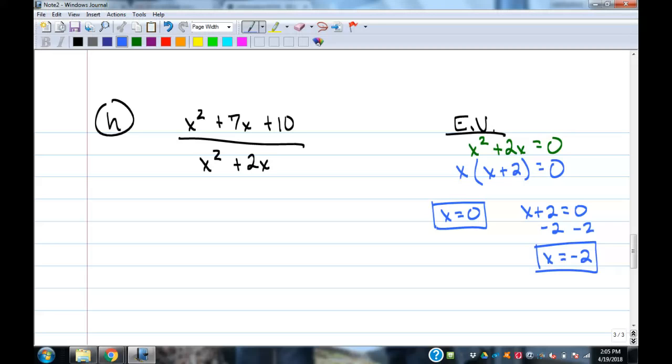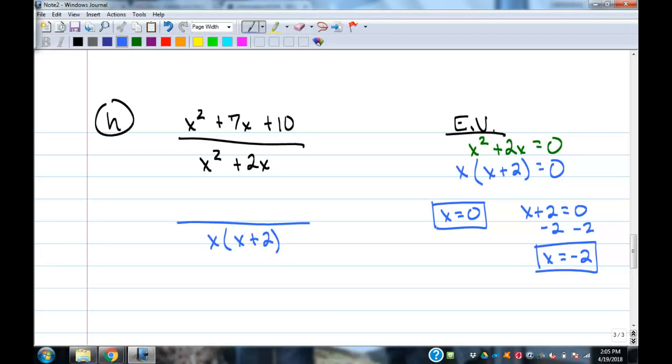Now, the next thing to do is go to your fraction. And the wonderful thing is, we've already factored the denominator. I don't have to do it again. I already know that it factors to be x times x plus 2. Because I used factoring to solve it.